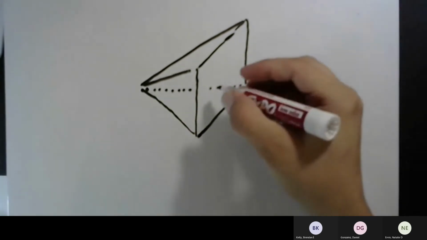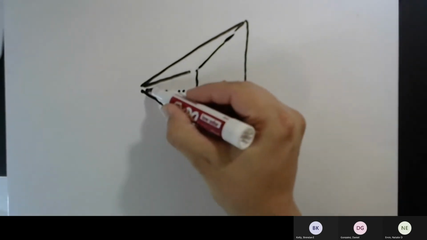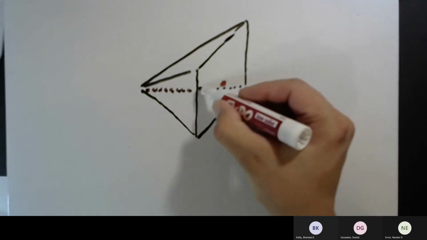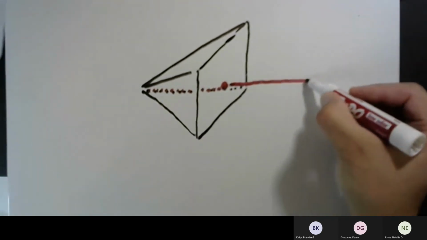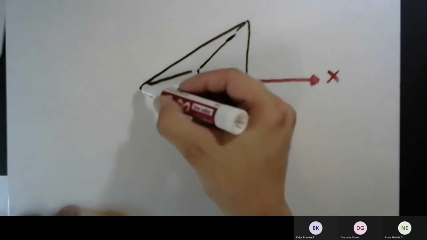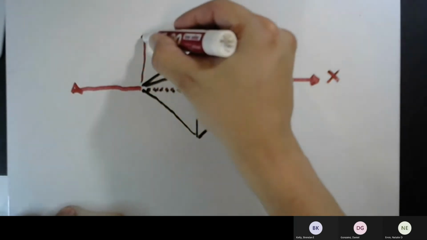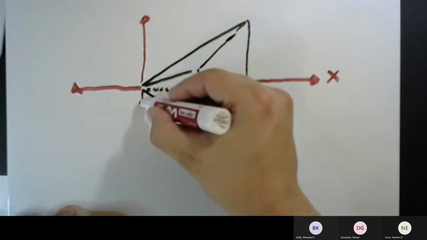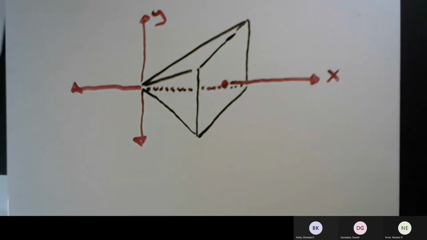And what we're going to do, we're going to have the x-axis run right down the middle of this thing, popping out right in the center of the base, and then continuing on. So that's going to be x. And there's y.